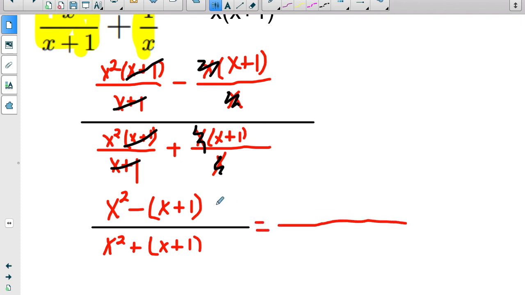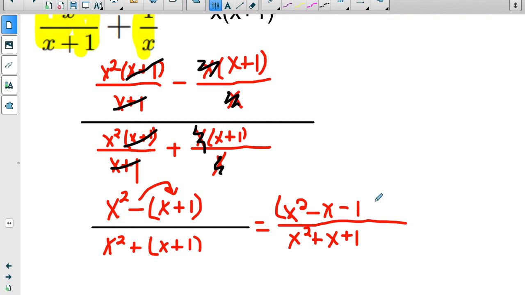And this here, well, on top, we would have x squared, so we need to distribute that negative because we're subtracting. So these here would both become negative. So it becomes negative x minus 1. And on bottom, it's just going to be x squared plus x plus 1.